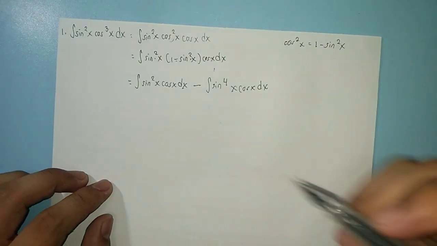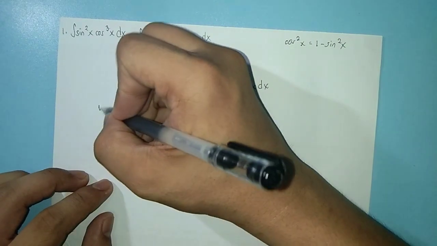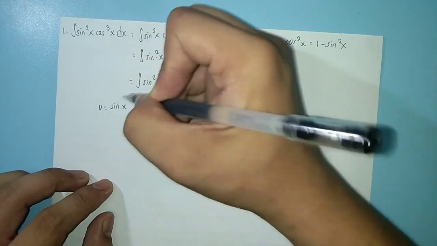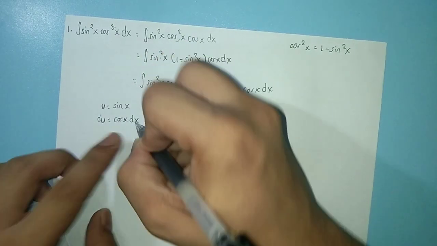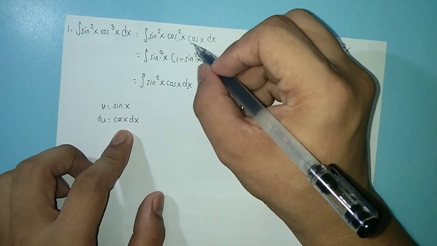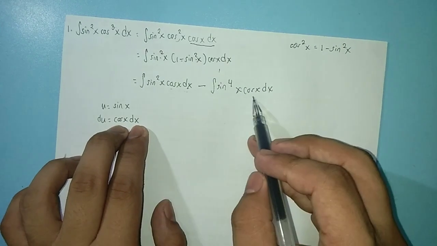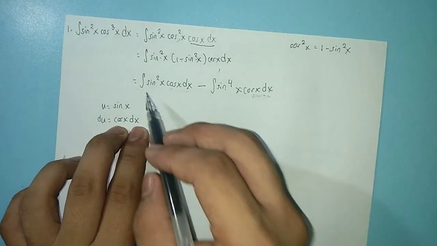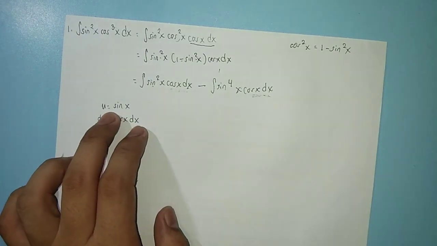So, dito, ang magiging u natin, since pareho naman ng itsura, ay yung sine x. So, ang du, anong derivative ng sine x? Cosine x dx. So, yan yung purpose kaya naghiwalay tayo ng cosine x dx. So, mapapansin nyo, meron na tayong du sa pareho.